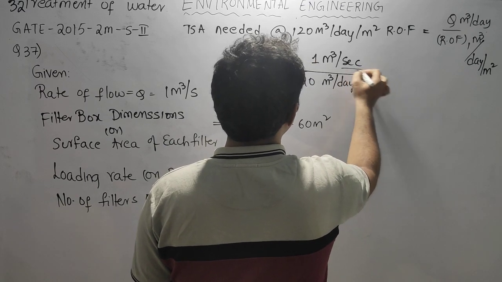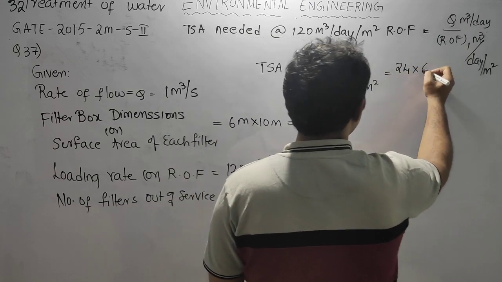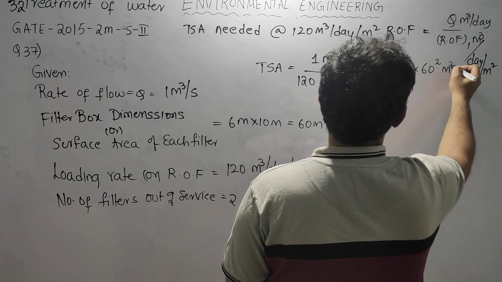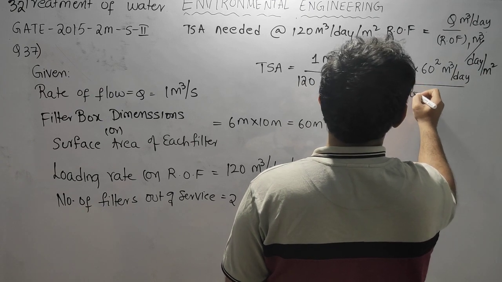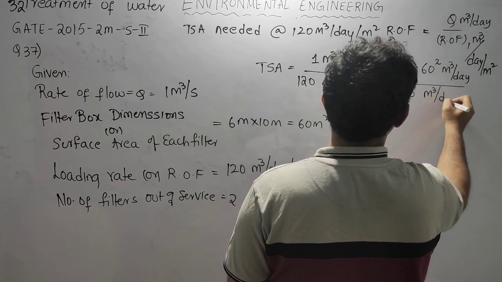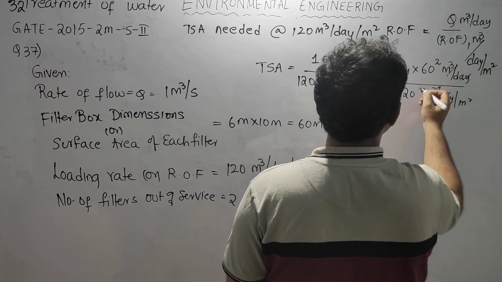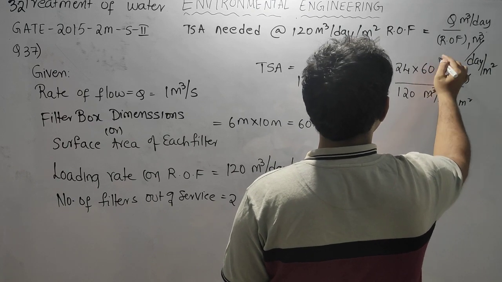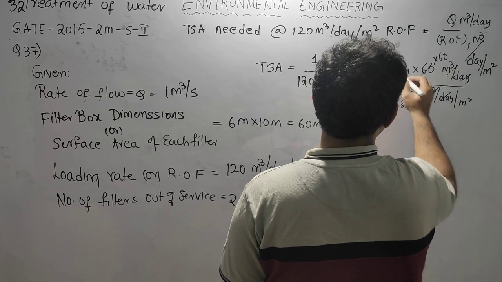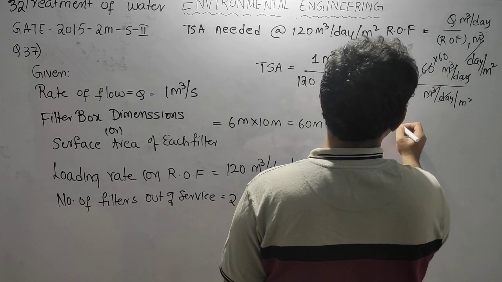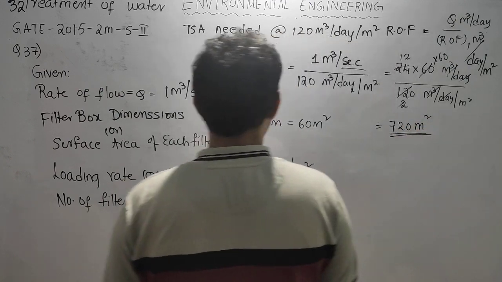Now I need to convert this second into day, so it will become 24 into 60 into 60 meter cube per day by 120 meter cube per day per meter square. So the meter cube per day will get cancelled. So this is 720 meter square, the area needed.